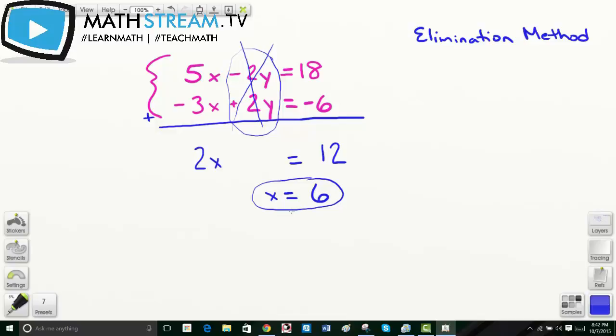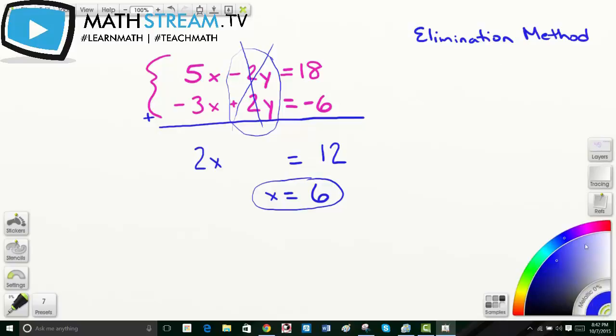Now, we know that we need to be able to figure out an x and a y value in order to finish this. So let's use a different color and do the same kind of thing we did in the substitution method, which is once I have a value for x, I could go back to either of my equations. Let's use the second one because it just seems to have smaller numbers. So that's negative 3x plus 2y equals negative 6.